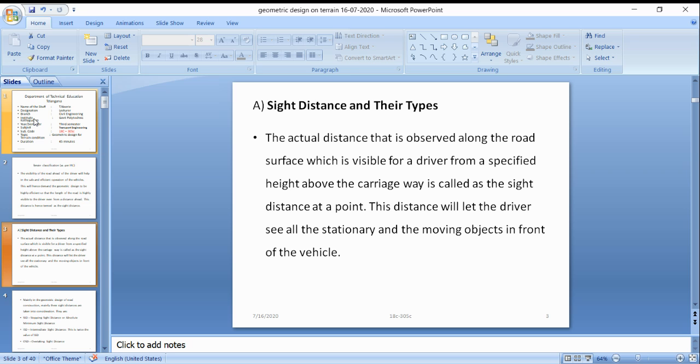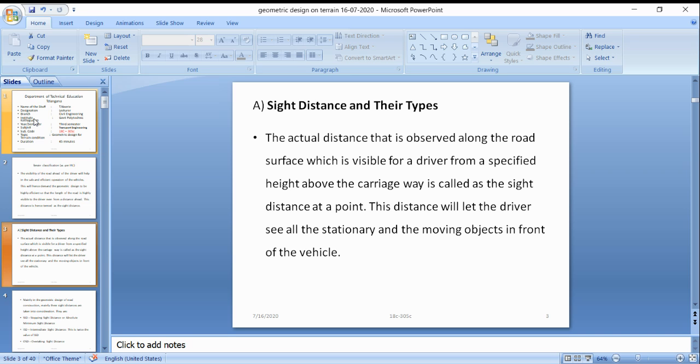Some height for the vehicle height will also be there. So from that height he has to observe the road surface also. So observing from a certain height is called the sight distance.